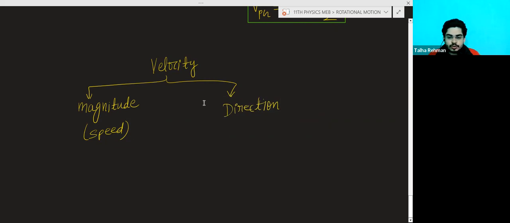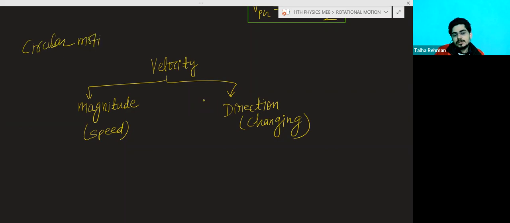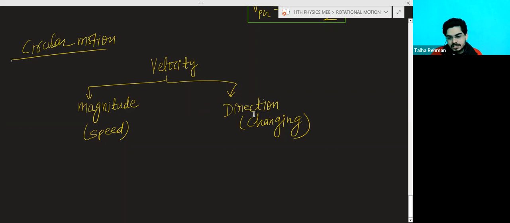Now, I told you in a circular motion, direction is always changing. Direction is always changing in circular motion. So if the direction is always changing in a circular motion, it means the velocity is always changing, at each and every point the velocity is changing.